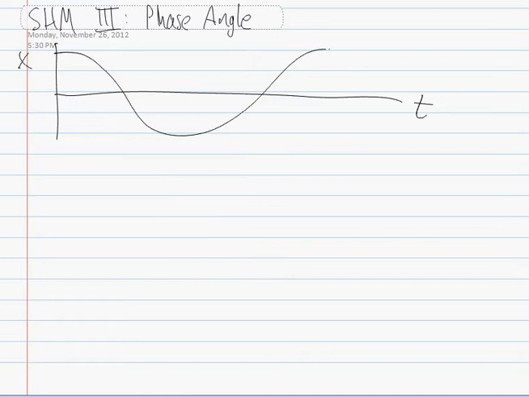Remember that as of now, we've done a function like this, where it starts up here, which means that every time at t equals 0, x equals a, positive a. Well, what if at t equals 0, x equals something else?